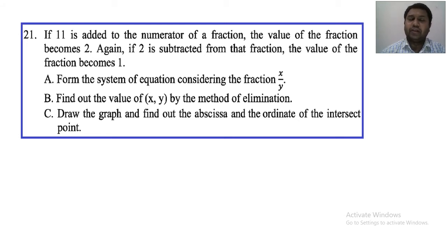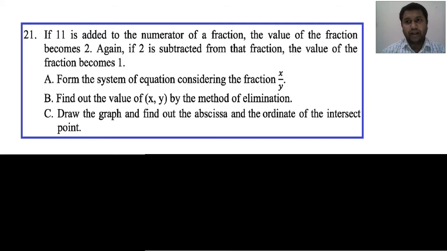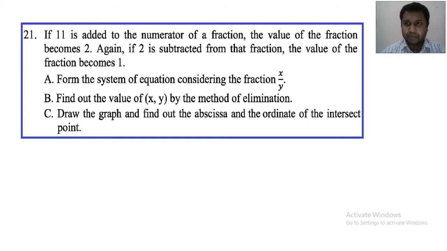Question B told us to find the value of x, y by the method of elimination. So it is fixed here. It is told specifically that we have to use the elimination method. Sometimes it can say substitution method, or sometimes it can say just find the value of x and y, so that is independent. You can find it using any way.